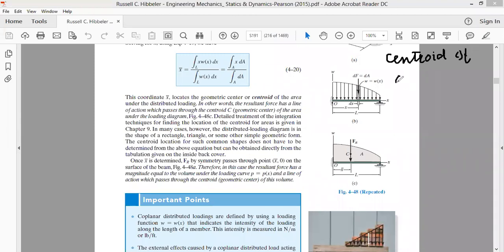The concept is the same as the center of gravity, which you have discussed. We are already familiar with the concept of center of gravity. As we have center of gravity, in the same way we have centroid of an area.